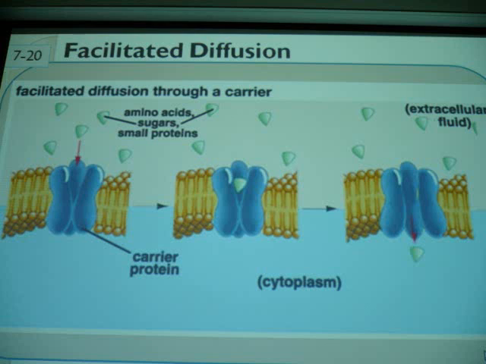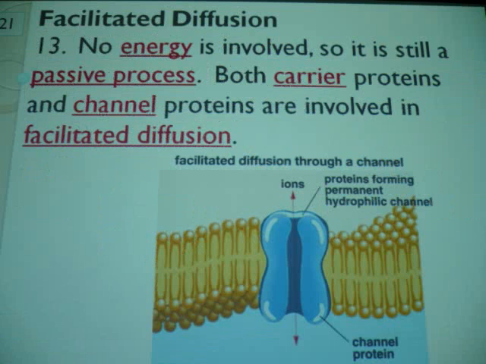So that's one carrier protein from start, midway, to finish. This one is simply a channel, like a hollow tube, and things go fast through it. Because of the protein, it can open and close, and it can shut the door.